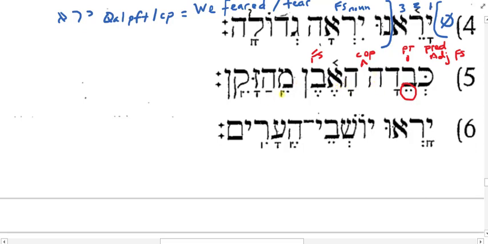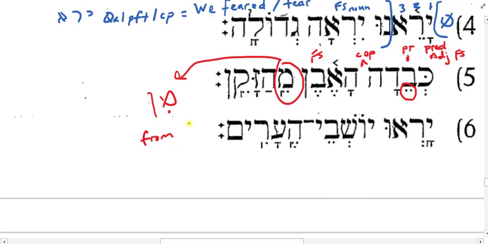Now, I have this prefix right before hazaken. What word is this that's been added? Yeah, this is the preposition min, which normally means from.